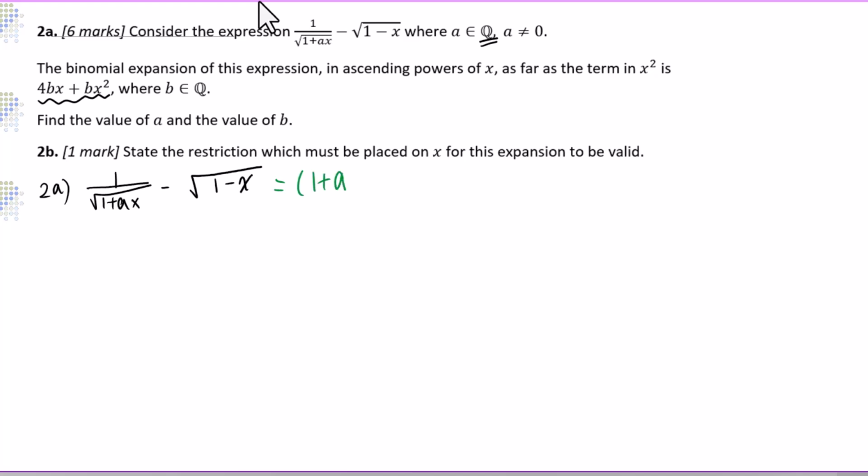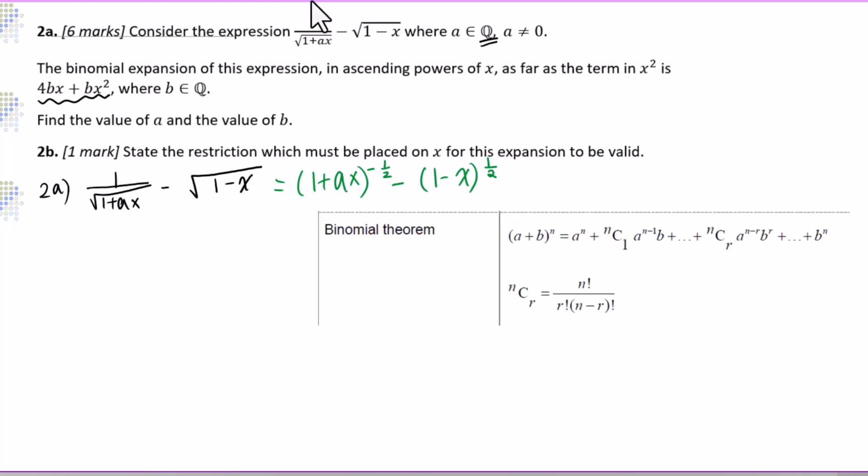1 plus ax to the negative 1/2 power, minus 1 minus x to the 1 over 2nd power. Since the exponents are not positive integers, we need to use the general form with a equals 1.